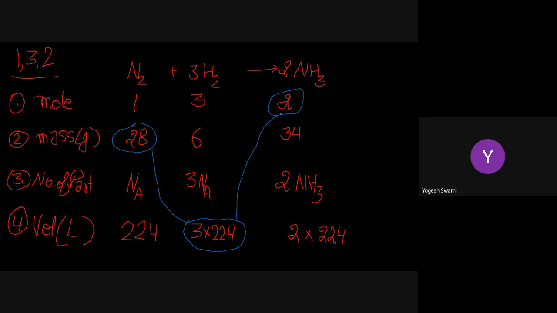For every reaction, you should write down these 4 quantities, which are mole, mass, number of particles and volume, and try to connect these dots with one another. That makes our numerical easy.